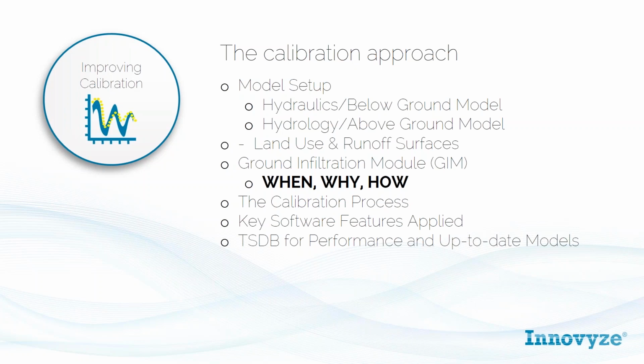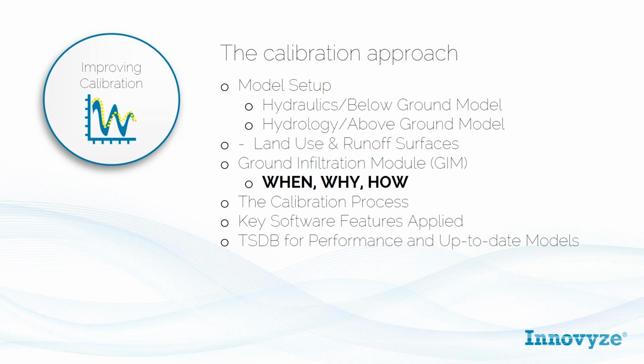And we're actually going to also cover something called the ground infiltration module, which has a bit of a reputation as something that's quite difficult to use. So hopefully we're going to be able to shed some light and make it more worthwhile in terms of when to use it, why you would want to use it, and how.